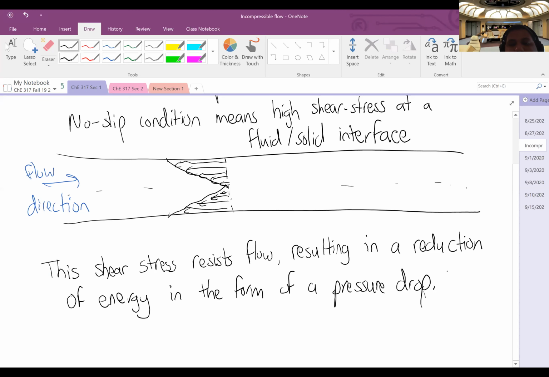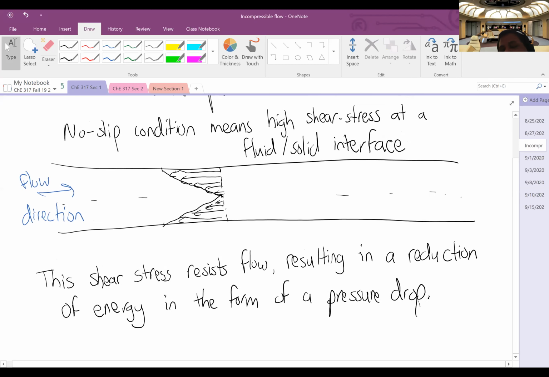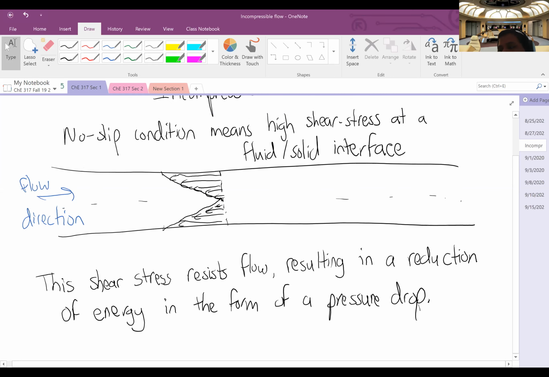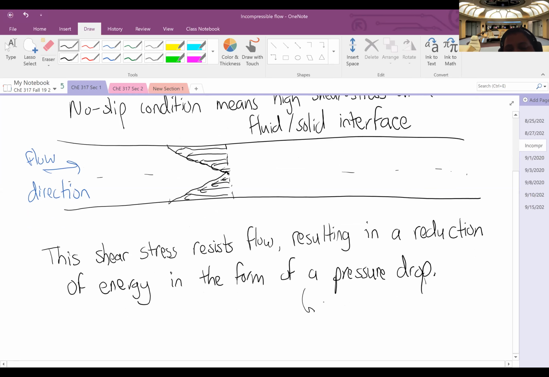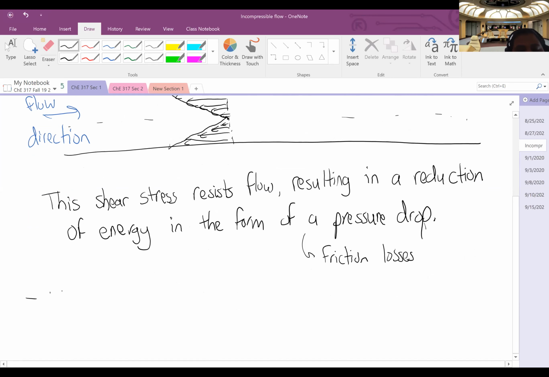So simply saying we have shear stress within our flow system that resists flow, and that robs our system of energy, which we can measure as a form of pressure drop. Keeping in mind, once again, this is frictional losses. And we also often call this skin friction.